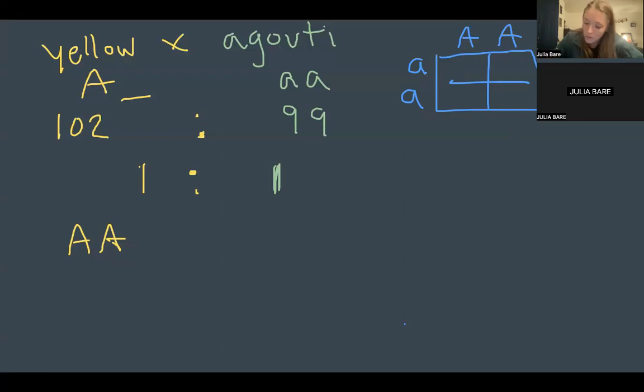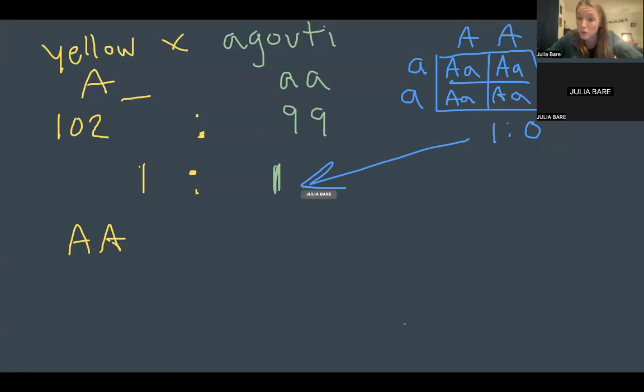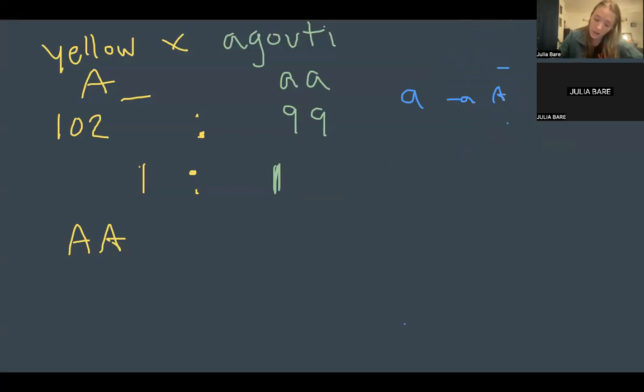If you flesh it out, they're all going to be the same possible genotype and phenotype. So this is going to be a 1-to-0 ratio. That doesn't match up with the ratio that we observed in the offspring. So we know that our yellow mouse cannot be homozygous, because that ratio doesn't make sense.